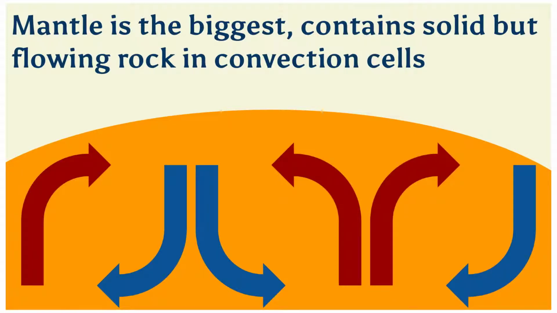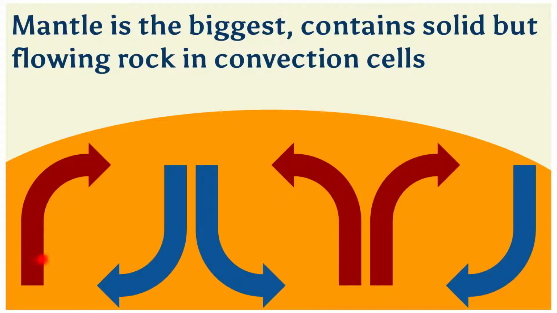And eventually that fluid, or in this case that rock, is going to cool down. It isn't that it's cold, but relative to the other, it's cooler and therefore more dense.